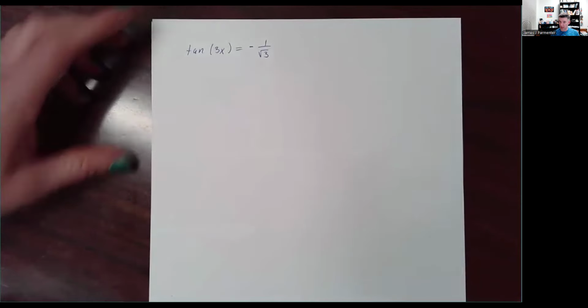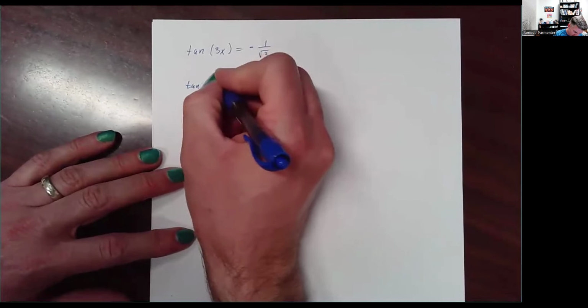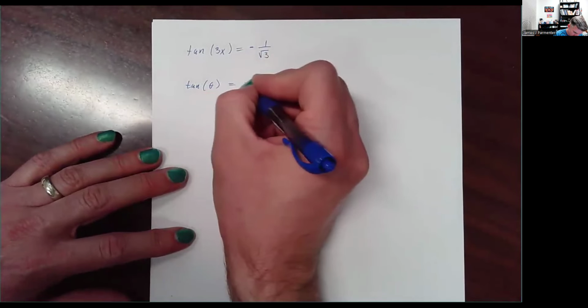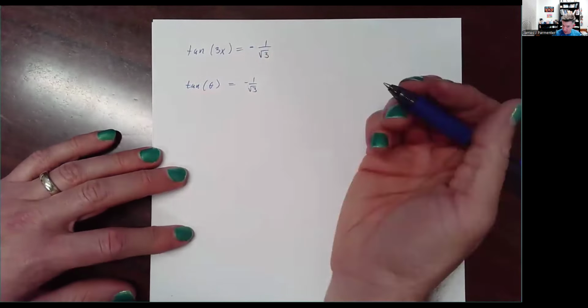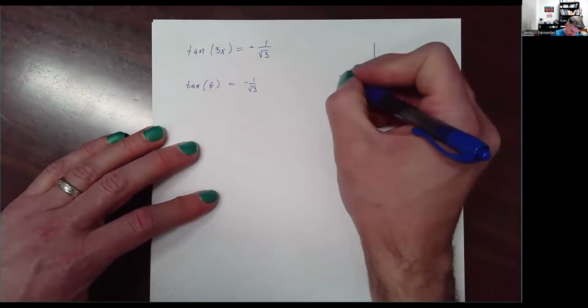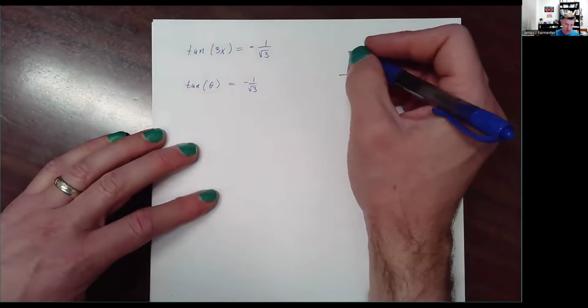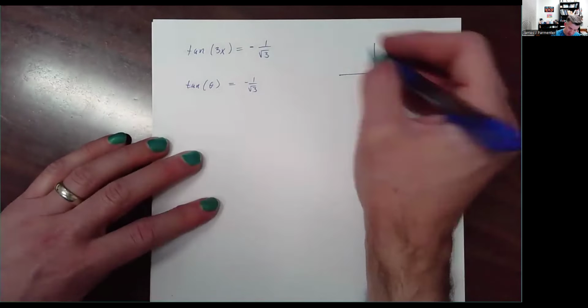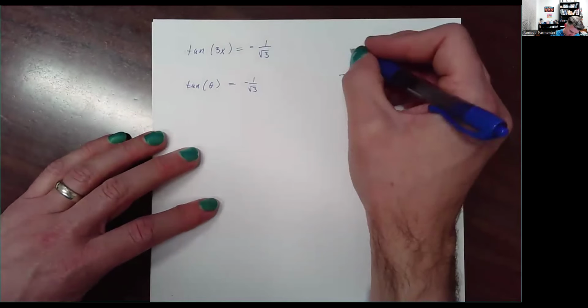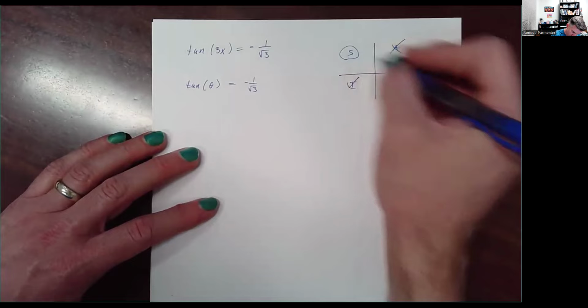Okay, so same idea. We're thinking tangent of theta equal to -1 over root 3, or if you prefer, negative root 3 over 3. We know that we want angles in the second and fourth quadrant. I really should just stick to the second, but I'll still probably mention the fourth. So you're looking right. Not here, not here, here, and here.